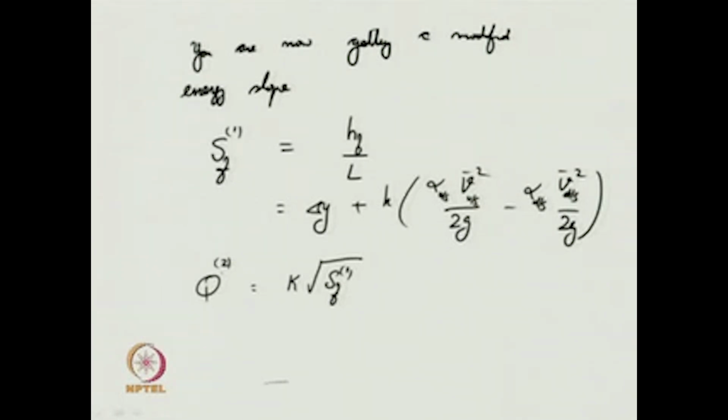Once you get this second approximation for discharge, go back again, using now Q2, evaluate V upstream, which you can give as V upstream 2, and V downstream 2, and evaluate S of 2 now.